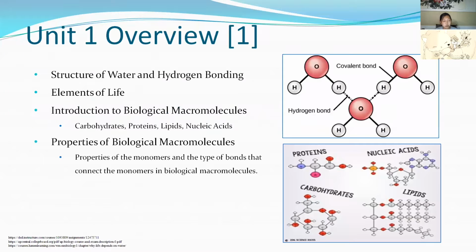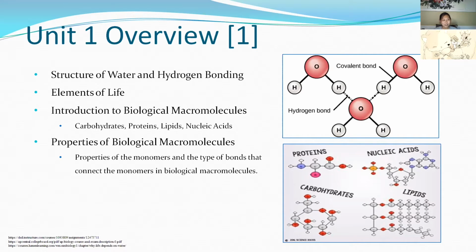So this unit is generally just all biochemistry. So the first big thing is water. If you think about it, water is the biggest thing of life. For example, if you're going out into space, you'll want to be looking for water on planets to determine if there's life or not. So water is basically the big bringer of life.